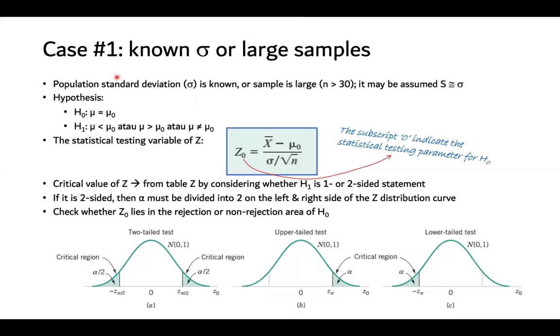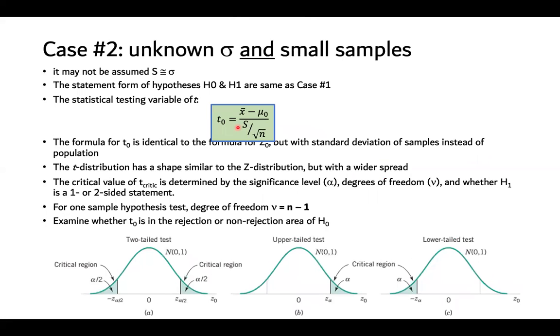I'm just going to go back here. If the sample is smaller than 30, but we know the standard deviation, we still use the z-test.